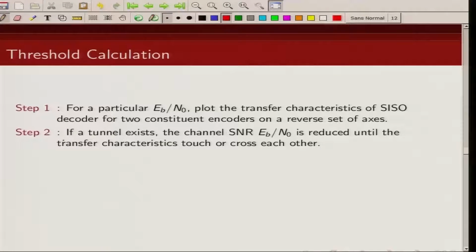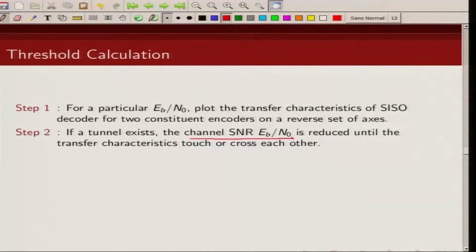Now, if these transfer characteristics do not cross, that is, there is a tunnel, in the sense they do not touch each other, then what we do is the operating channel SNR is reduced until these transfer characteristics just about touch.